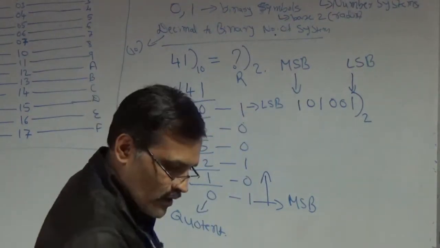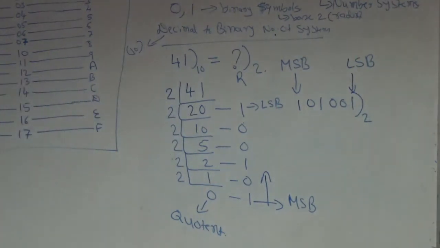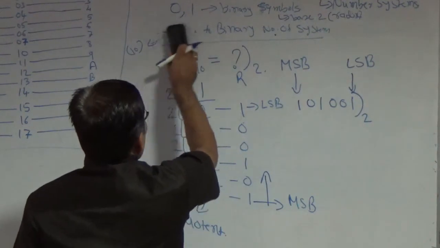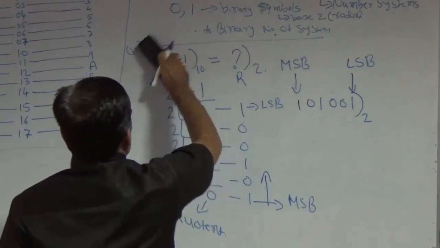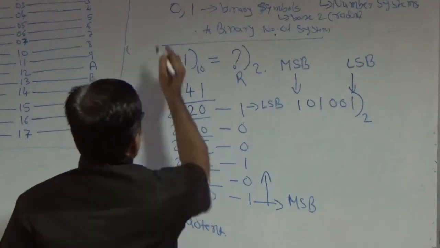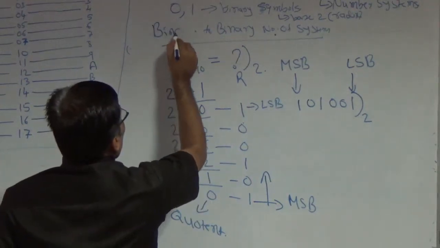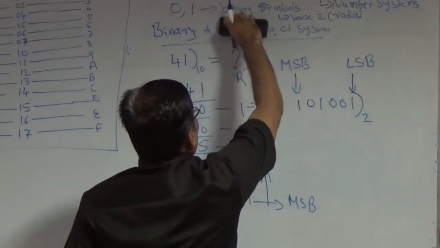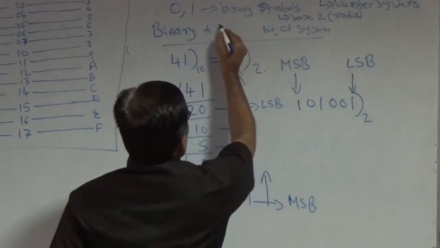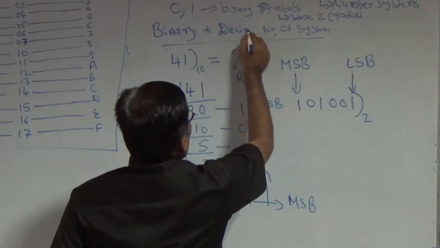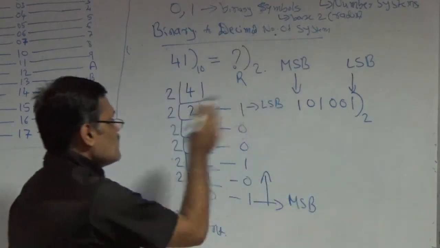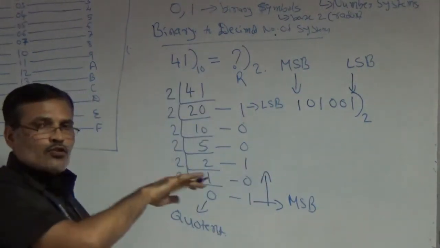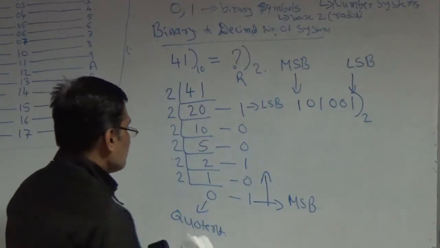Let us do the reverse operation, that is binary to decimal. The binary number will be given, and you will be asked to generate the equivalent decimal number.